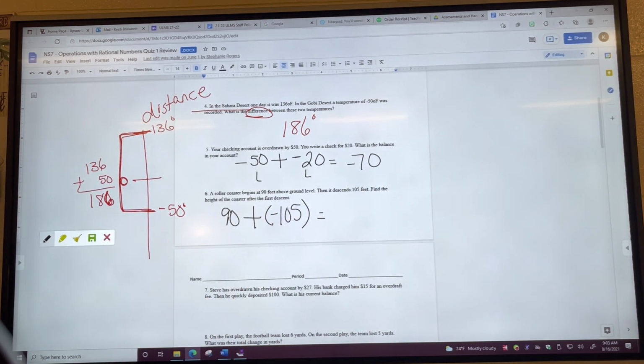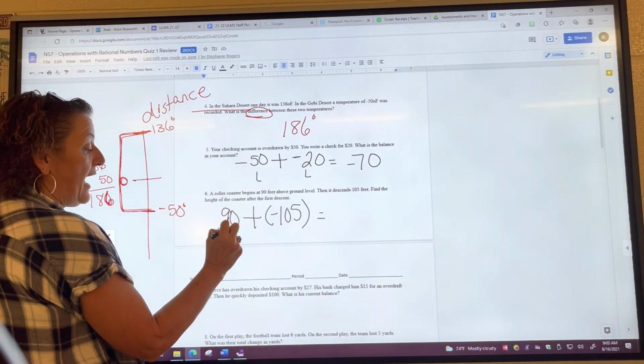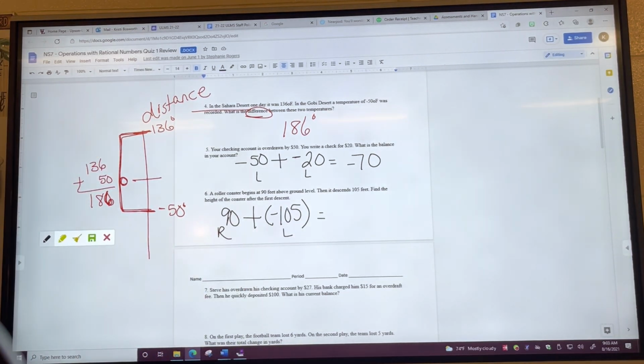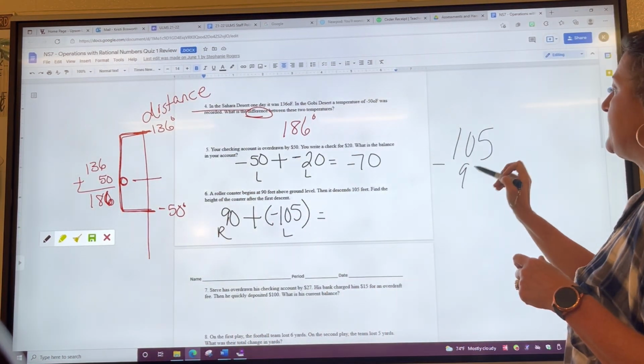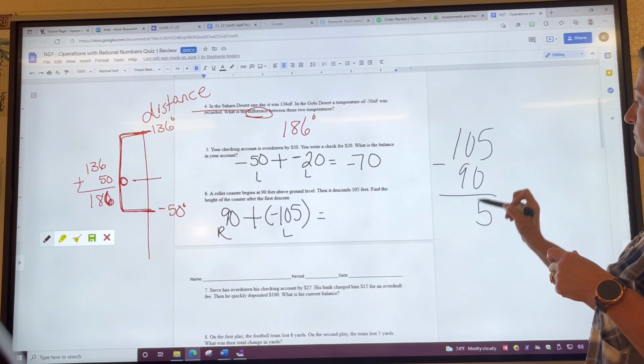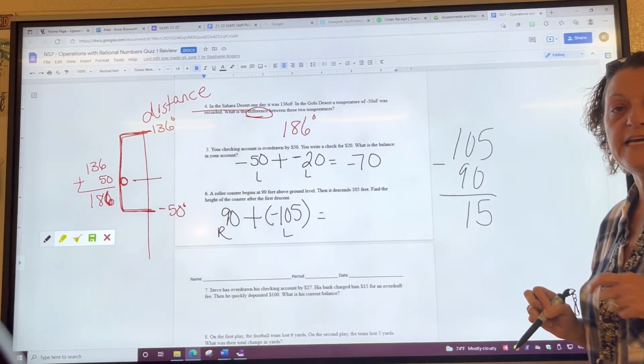So, this is a right and a left. Do you agree? So, if we do right and left, different arms, what do we do? We're going to subtract. So we first do the math. So 105 minus 90 is 15, right?